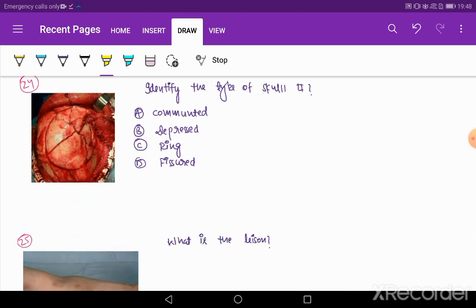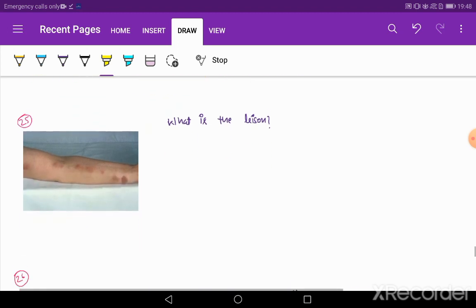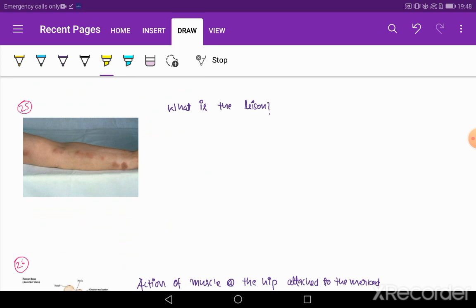Identify the type of skull fracture, and this is a fissured fracture. What is the lesion? This is a characteristic lesion of Sporothrix schenckii.